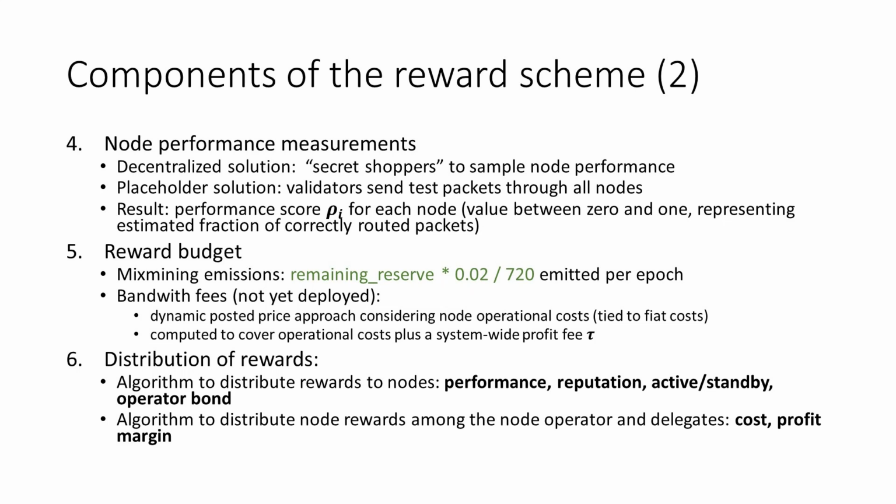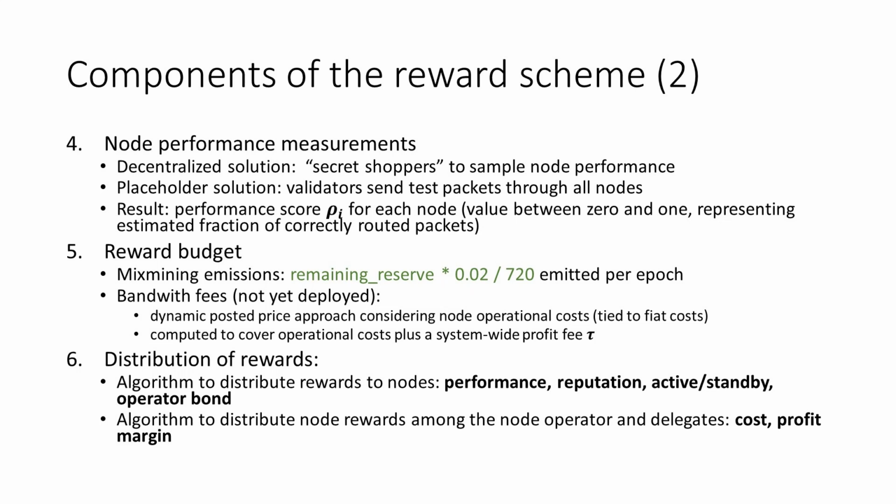That can allow us to sample nodes' performance. For now, we have a placeholder solution where the validators are in charge of sending test packets through all the nodes and recording which nodes fail when a packet is failing. Based on that, they assign those nodes to proportionally be losing some packets, so the performance is degraded.